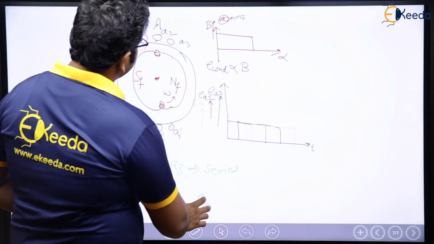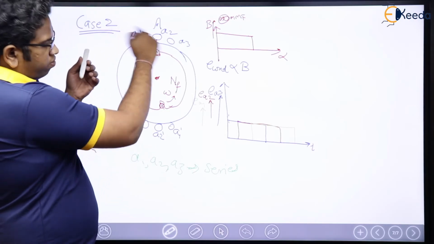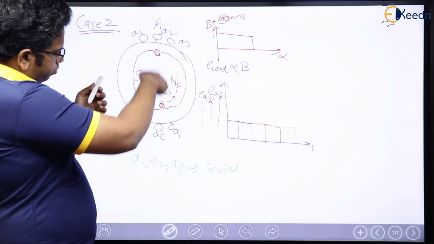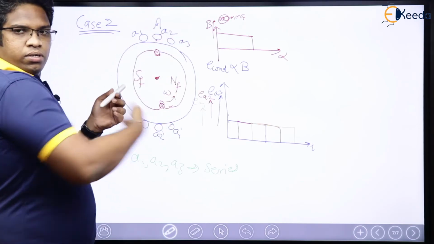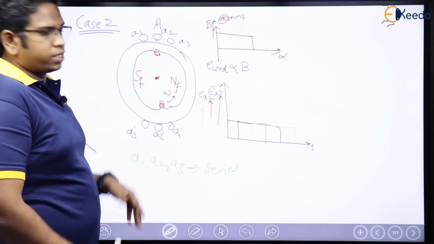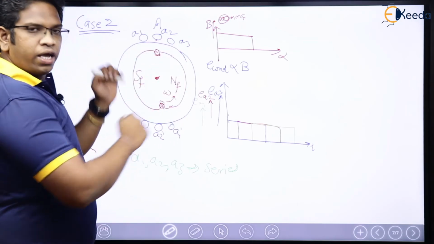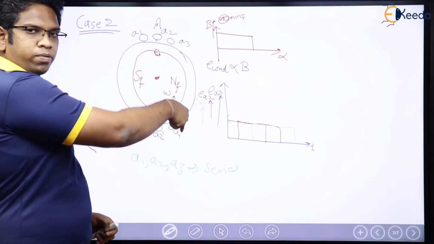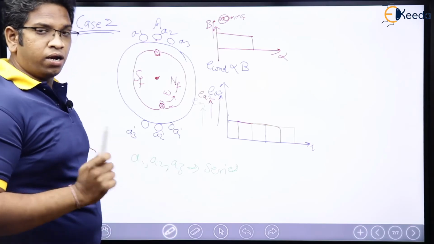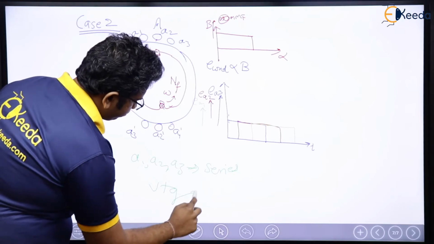See here, if I have conductor A1 like this, A1 dash, A2 dash, A3 dash. Back to back connection and then again series. Again back to back connection, again series. See again one more time: A1 back to back connection, A1 dash. Again A2 back to back connection, A2 dash. Again the same wire, A3. So if I do this, then what will I get? I will get addition of this, means voltage is going to be added.